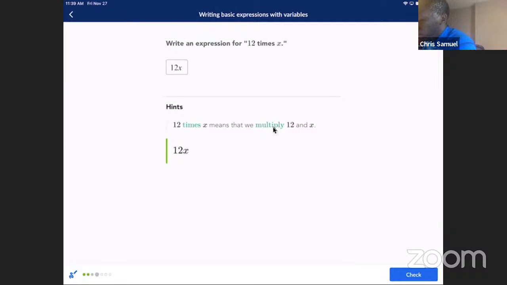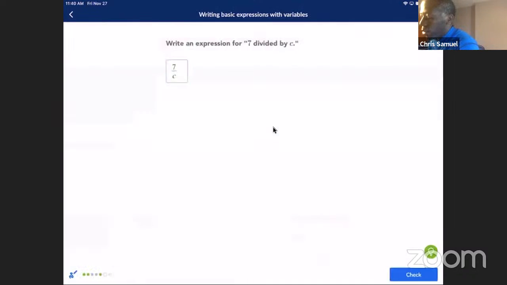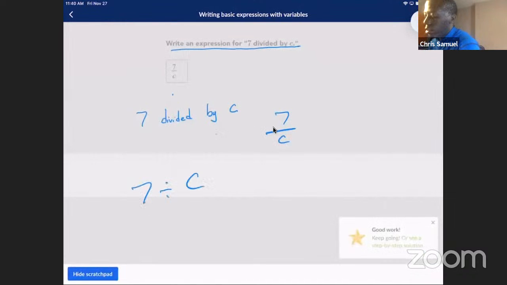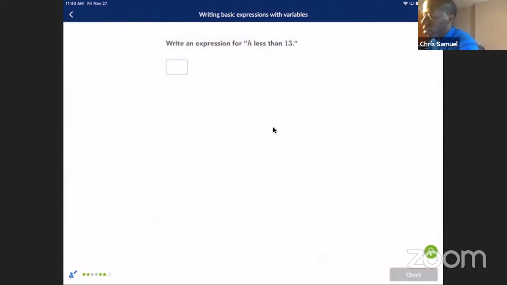And 7 divided by c is pretty much like this, right? Let's try this version and see what they say. Good. So 7 divided by c is this or this.